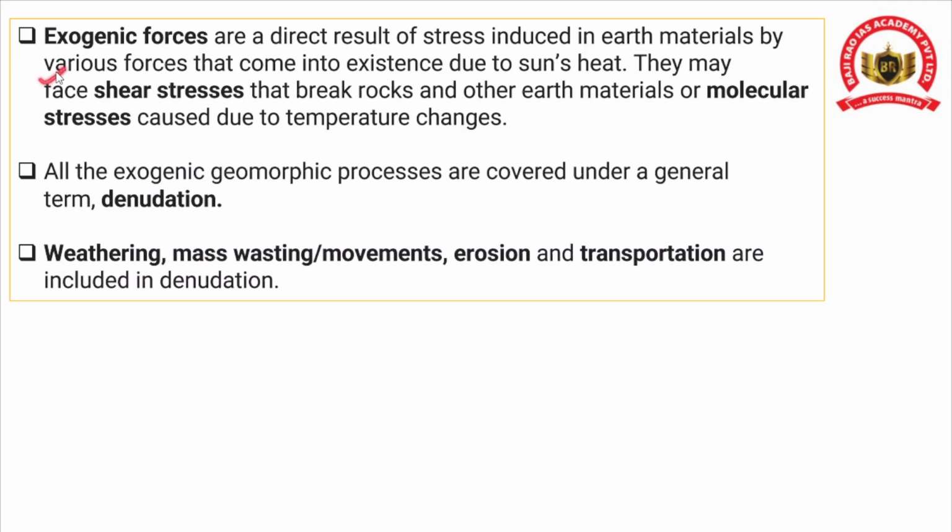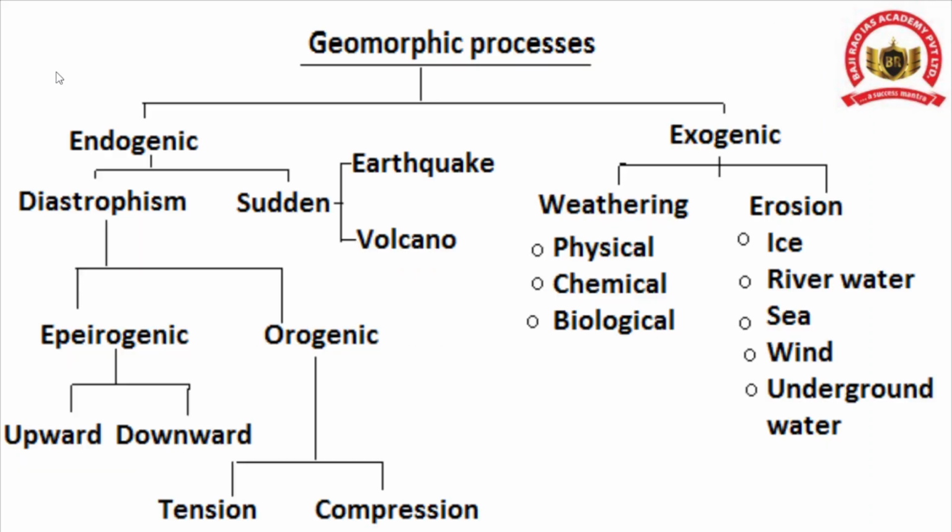The exogenic forces, as I have told you, involve both weathering and erosion. Please remember, weathering and erosion take place on the surface of the earth. Weathering is the formation of soil. Weathering can be further classified into physical weathering, chemical weathering, and biological weathering as well.